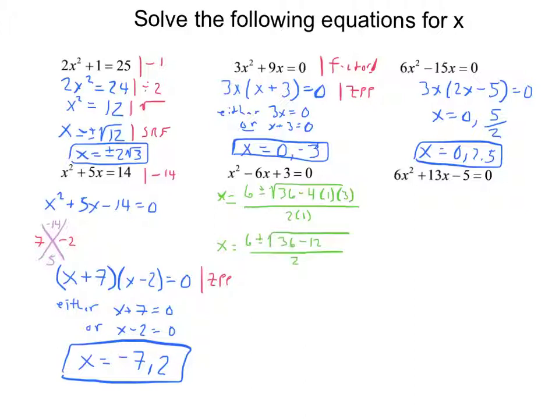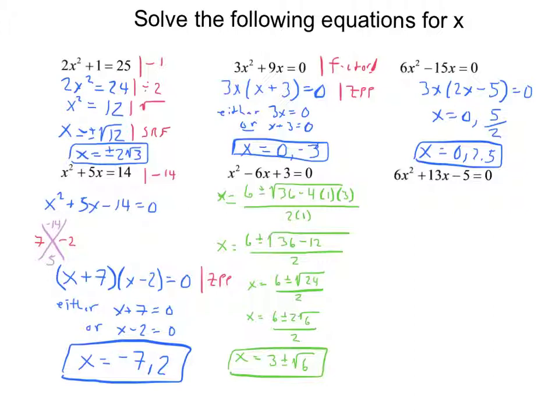So I get 36 minus 12, which is 24. 24, we can get that in simplest radical form. 4 is the biggest perfect square that goes into it, so the square root of 4 is a 2, and 24 over 4 is 6. And we've got evens, so 6 over 2 is 3, 2 over 2 is 1, so I get 3 plus or minus the square root of 6.